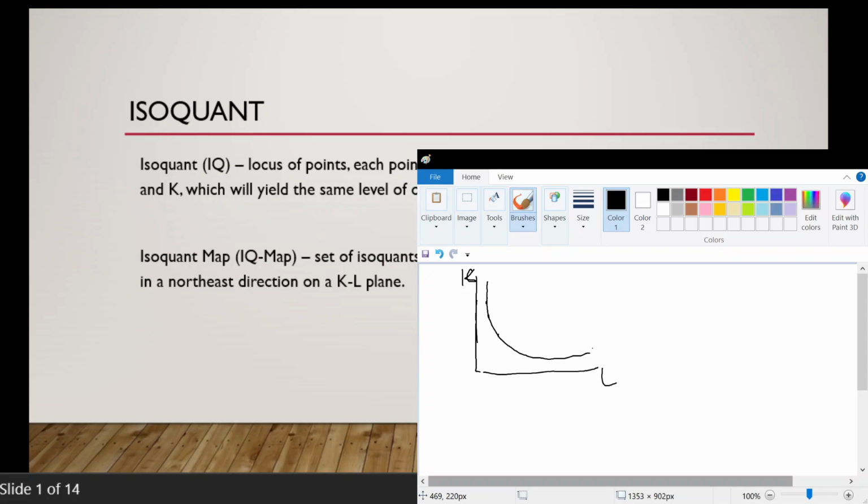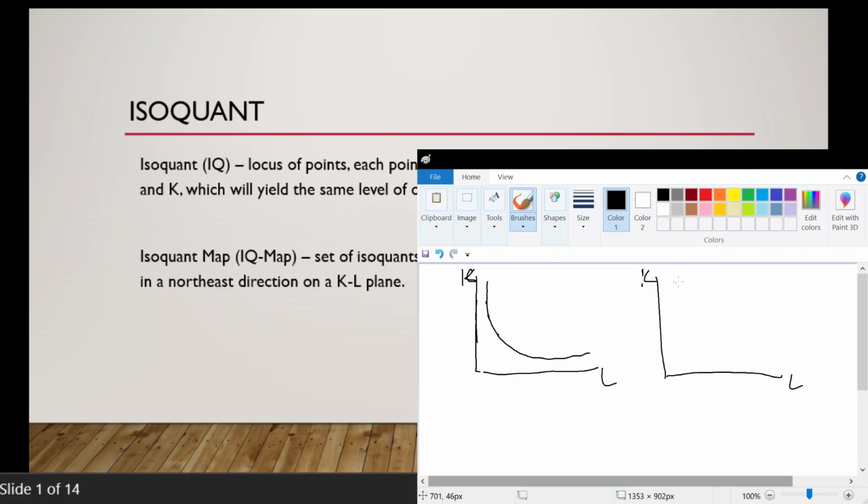Kapag yung isoquant map naman natin, so set of isoquants. So we have still K and L, and then we have here, hirap mag-drawing.